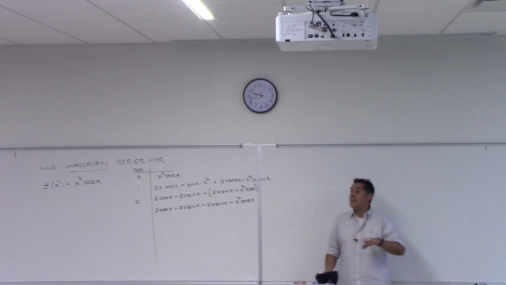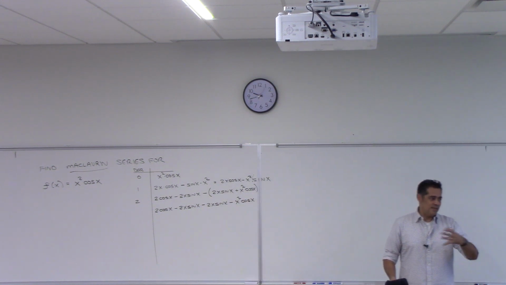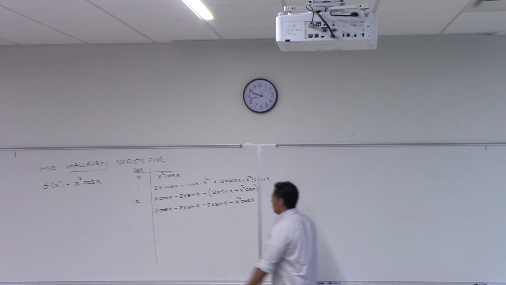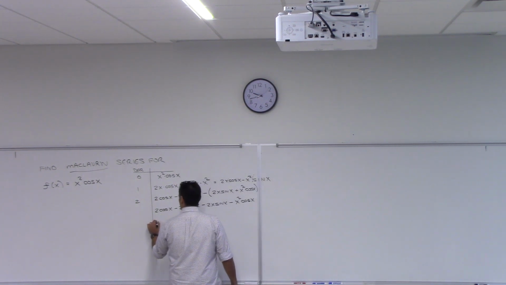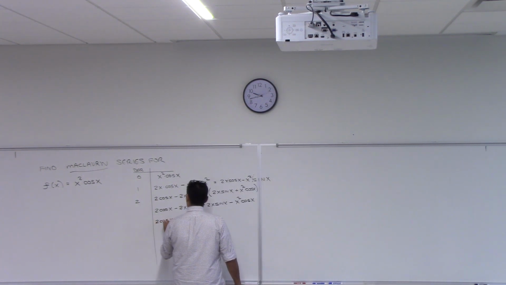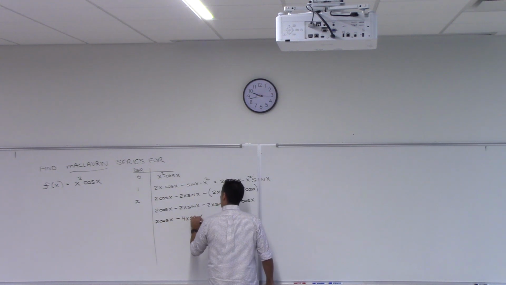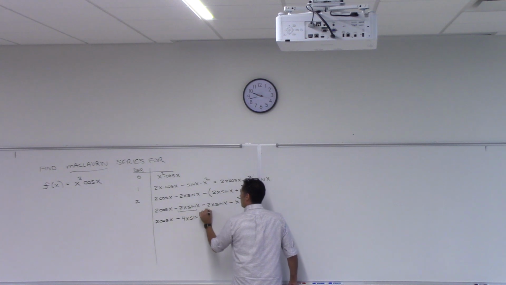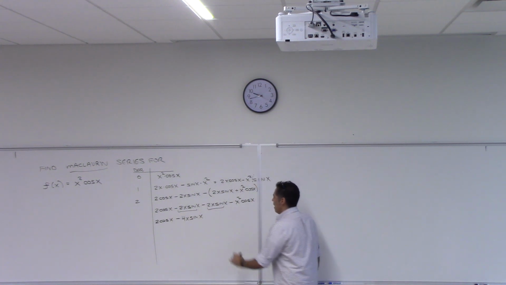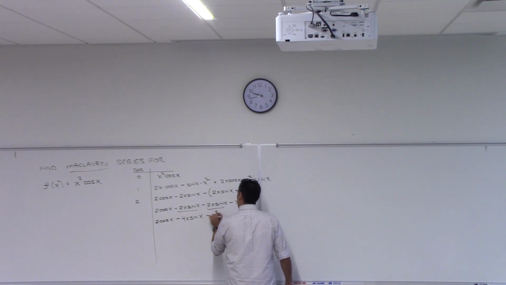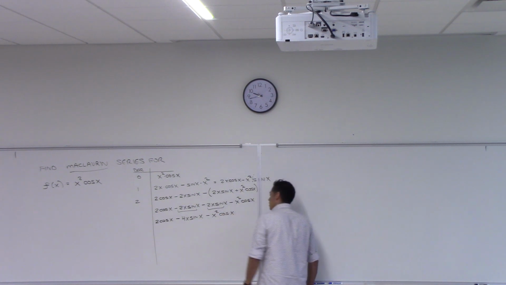Yeah, this isn't e to the x anymore, is it? This is something more complicated. All right, this is equal to 2 cosine x minus, what is that, 4x sine x? Those are like terms, right? I can put this one and this one together. And then we have minus x squared cosine x.